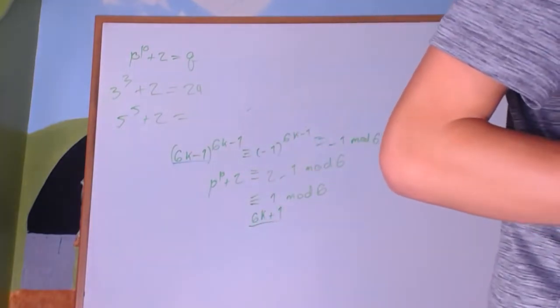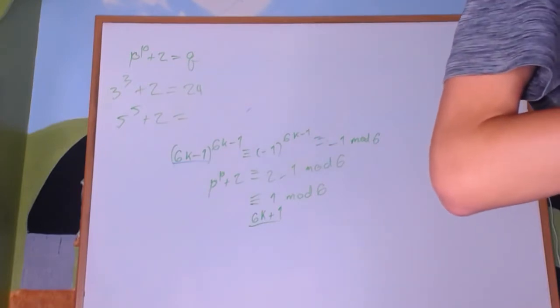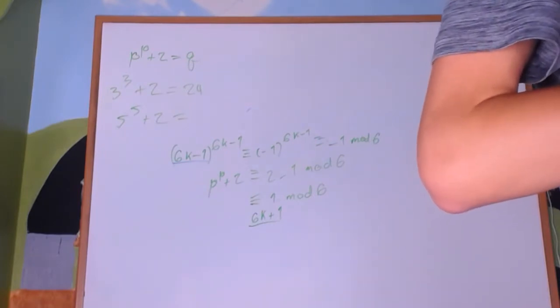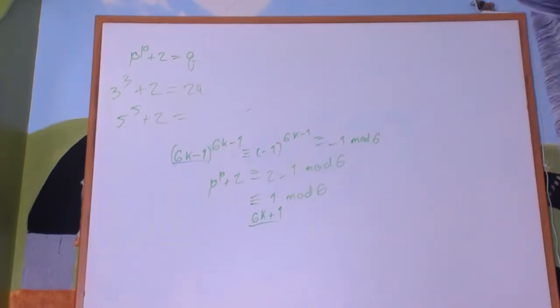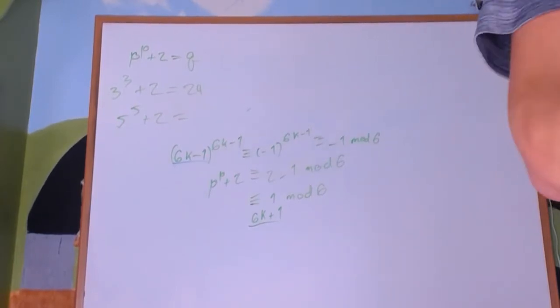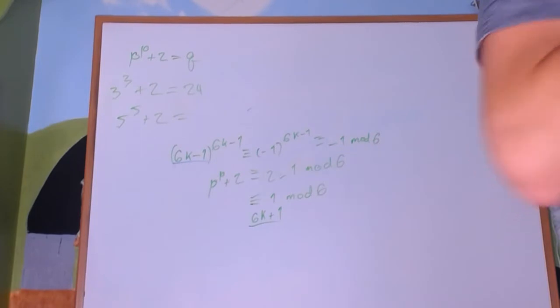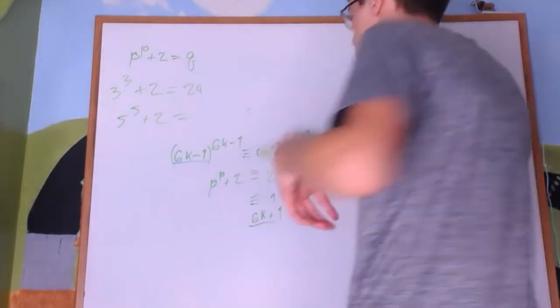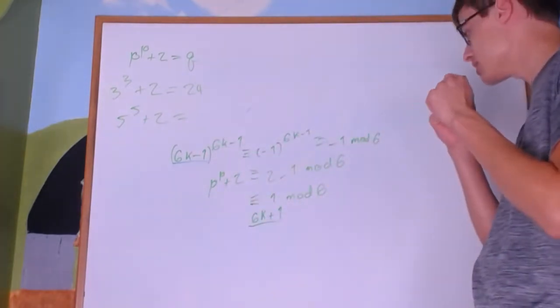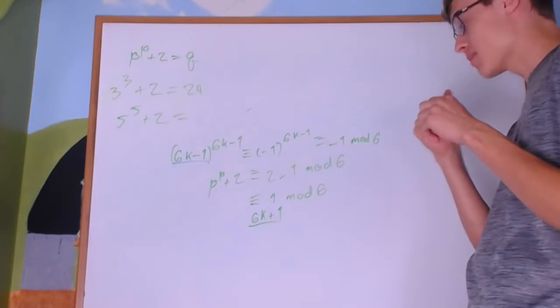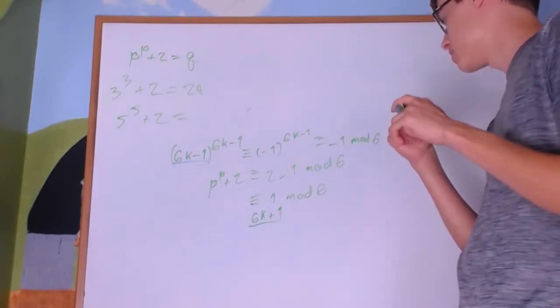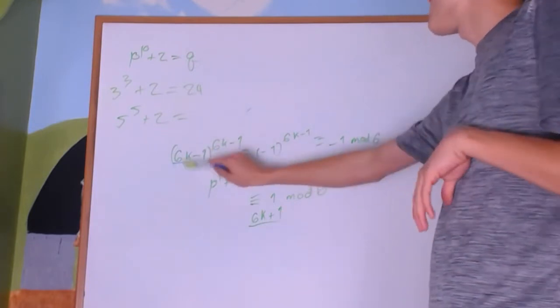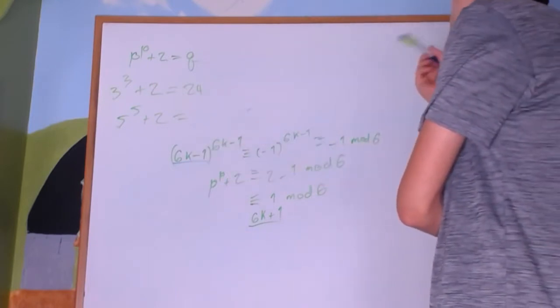Alright, so we get... Okay, so that one's not. 7 times 7 has 2 7 factors, which is weird. Wait a minute. 7 to the 7 plus 2. It's divisible by 5, but is it divisible by 3? It is! Yeah, my proof was right. Yeah, so the 6k minus 1 statement is correct. The 6k plus 1 statement is also correct. So, this is the case we have to worry about. 6k minus 1.